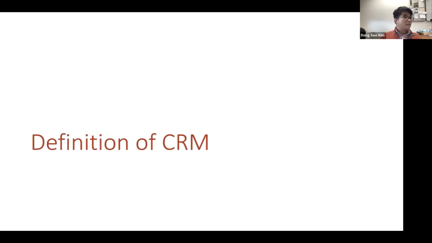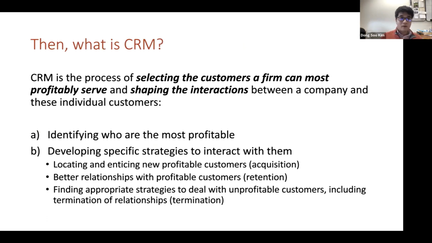Then, let's talk about CRM from the customer-centric perspective. In modern textbooks, CRM is defined as follows. CRM is the process of selecting the customers a firm can most profitably serve and shaping the interactions between a company and these individual customers. Following this definition, key components of CRM are to find most profitable customers and to develop specific strategies for interaction with them.